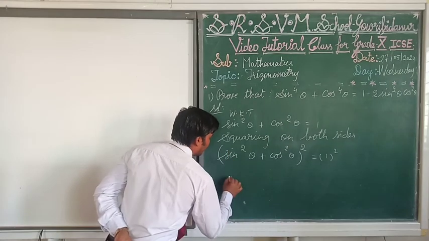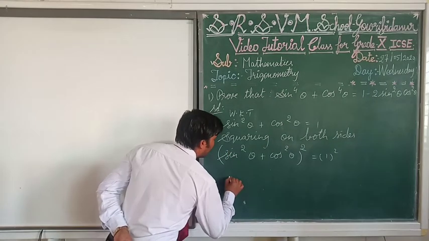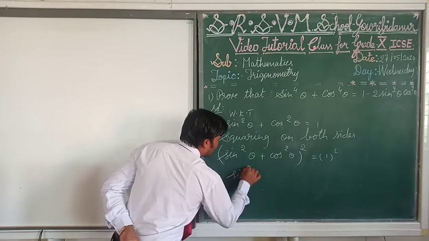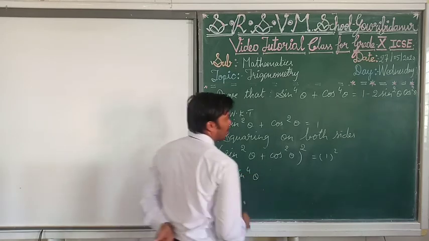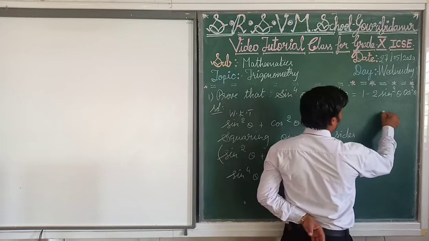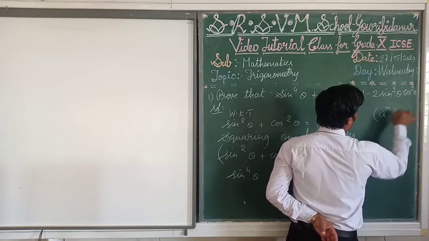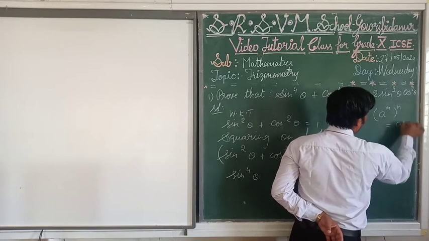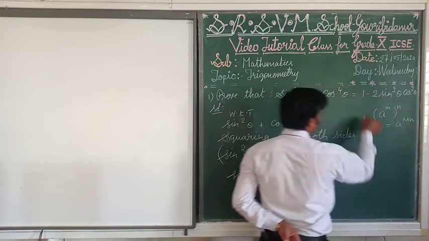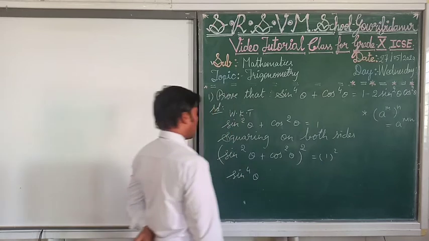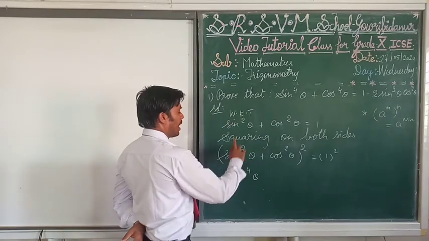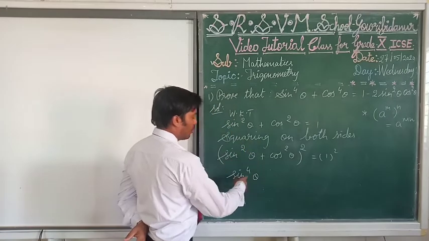So instead of a, here sin square theta is there. a square means sin power 4 theta, because we already know a power m whole power n is equal to a power mn. This is the exponent formula. So sin square theta whole square means 2 into 2, 4 coming.